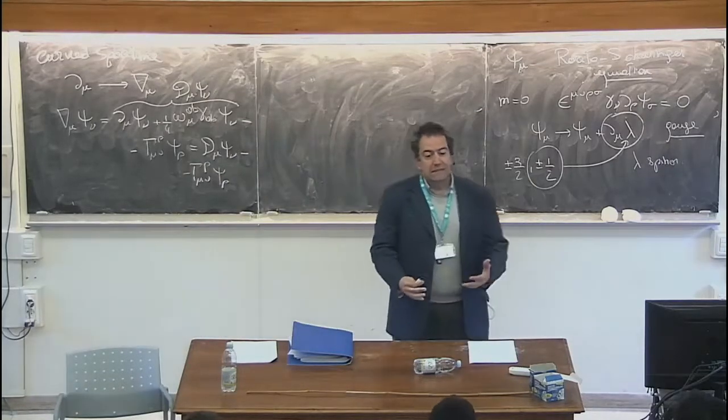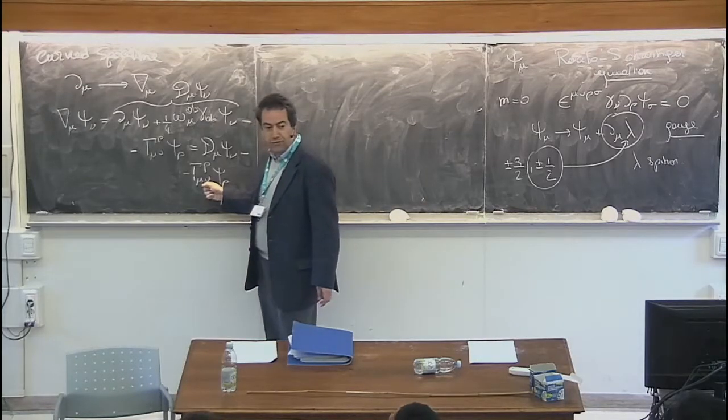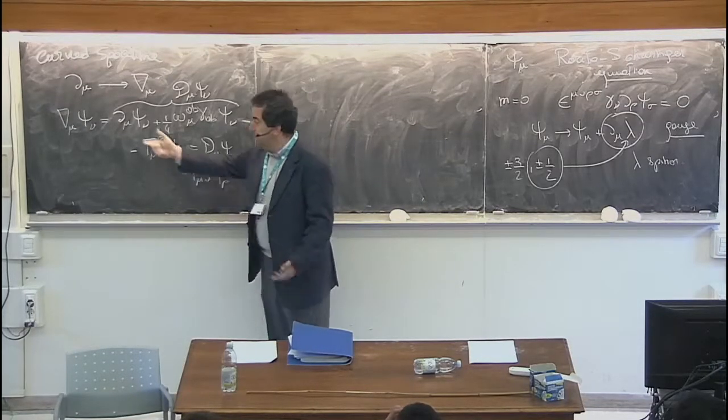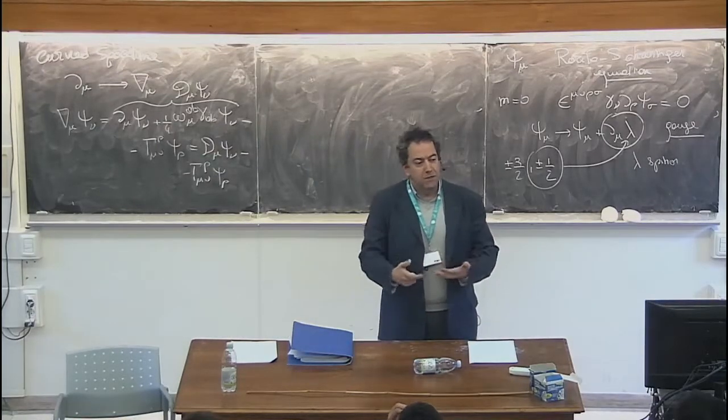Why? The reason is that if we also insert the Christoffel symbol in the definition of the covariant derivative, then supersymmetrization becomes much, much more involved.